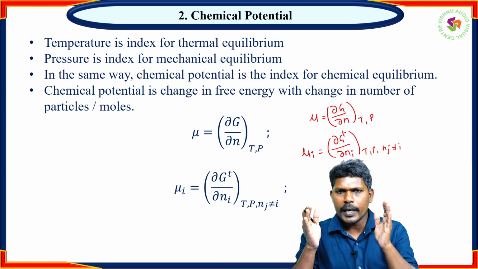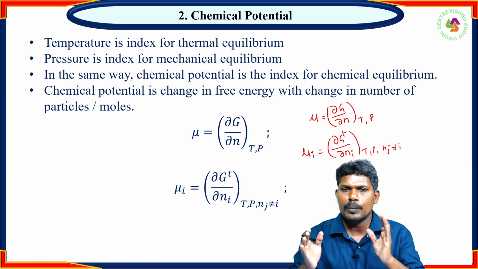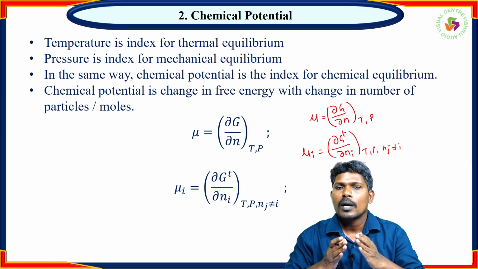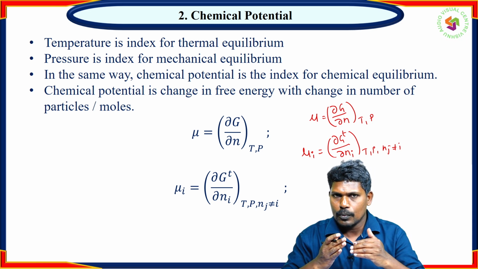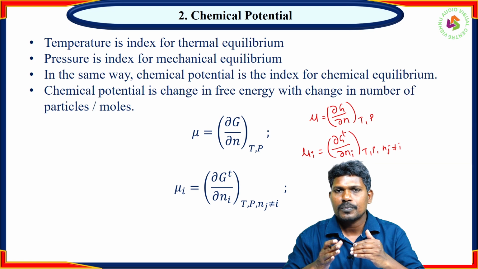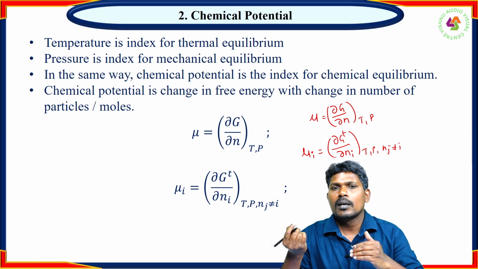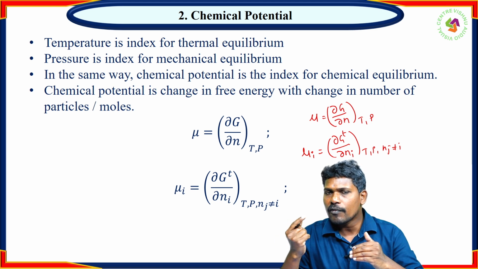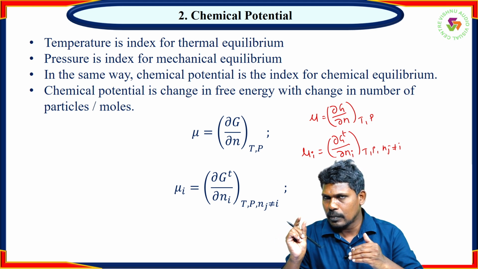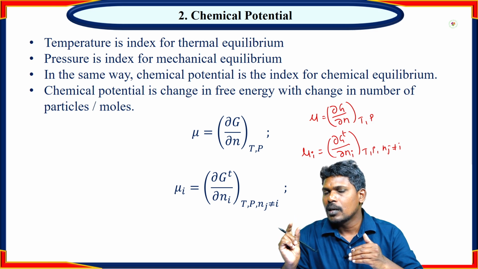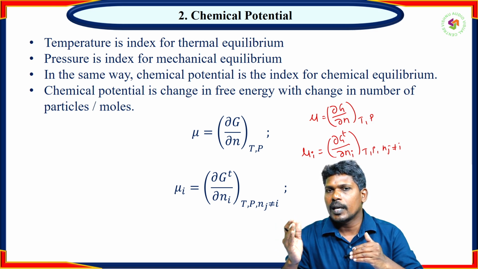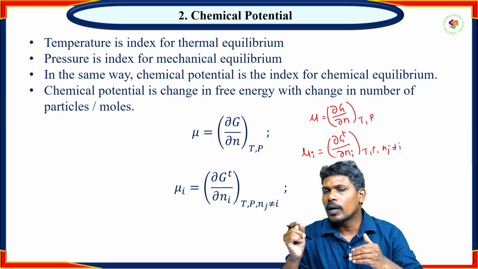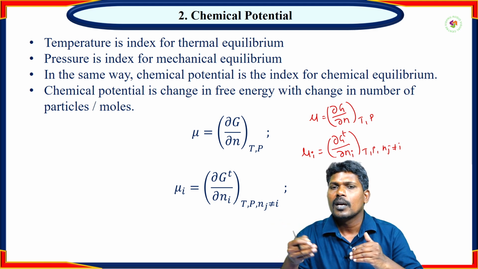Okay, so you take a beaker. In that, 1 to n compounds are there. Now you added, for example, 1 mole of the first compound. We are giving the name 1. So 1 mole of the first compound is added to that mixture.